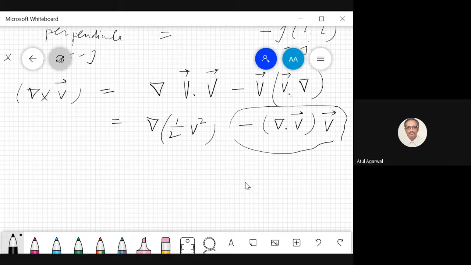So you can identify it. Divergence of velocity into V. That doesn't look good to me.